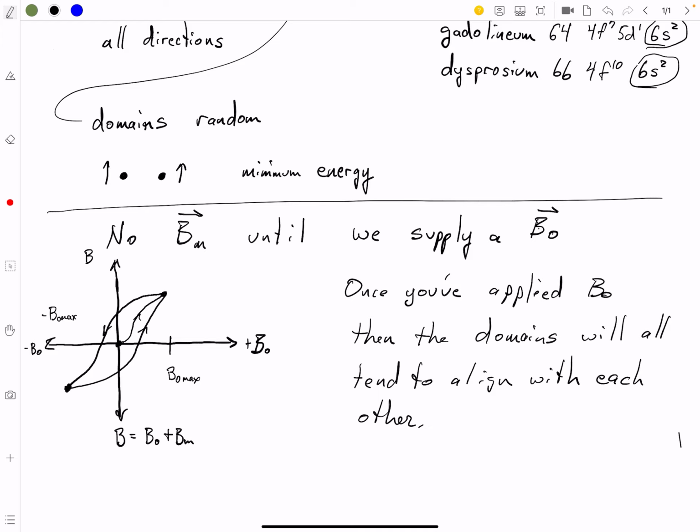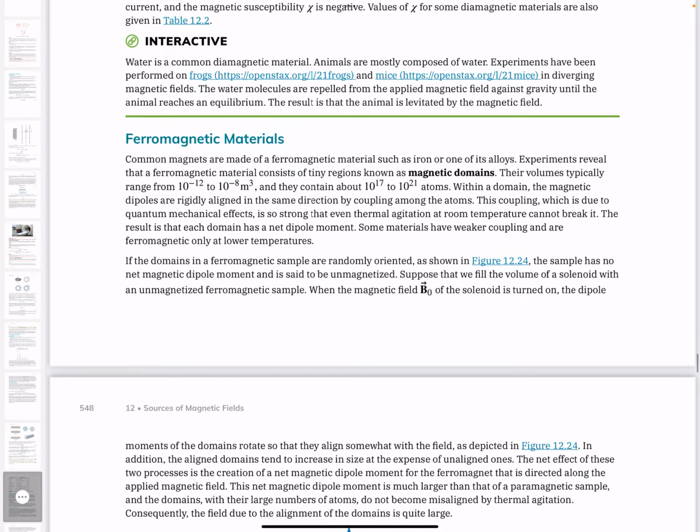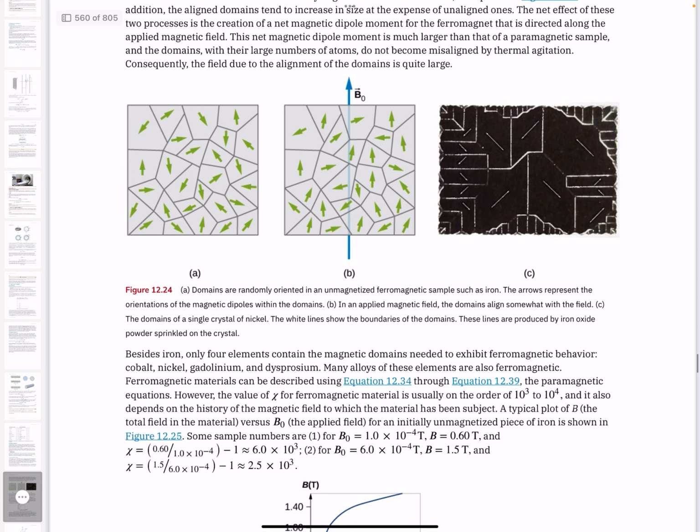So the domains started to align with each other. And if we look here, you can see it happening in C. Well, here's A, that's random. B happens, we put a magnetic field on there, and all of a sudden they start to align a little bit. And if you look in C, I'm not 100% sure.